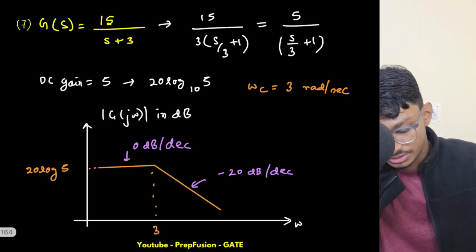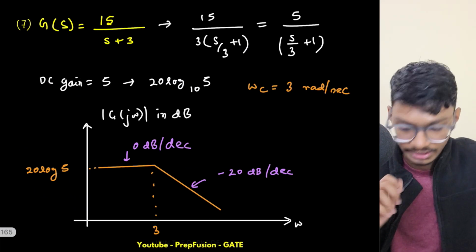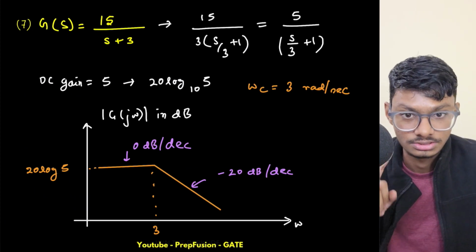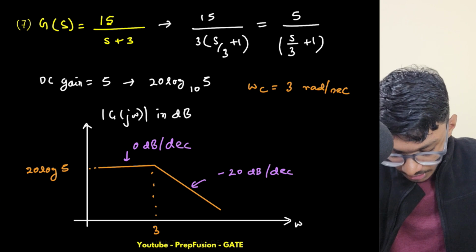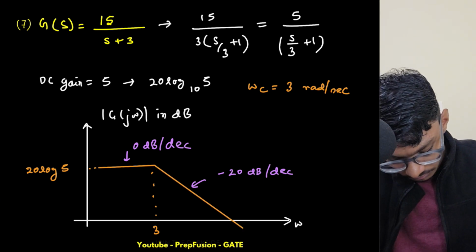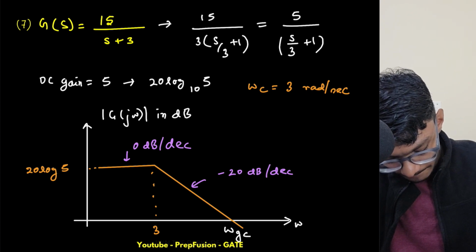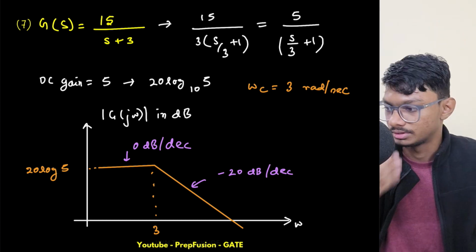Like, if in this question you have to find the unity gain frequency, or omega gc, the gain crossover, can you find that? Let's find that. Here this frequency is omega gc. Let me write, just wait a second, let me drink a bit of water.